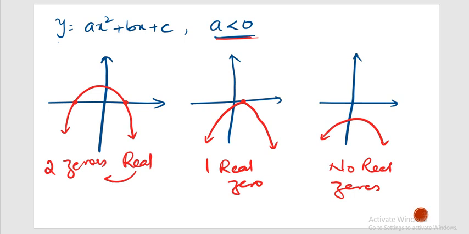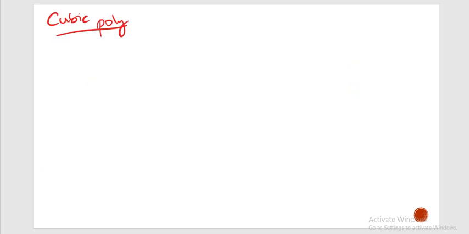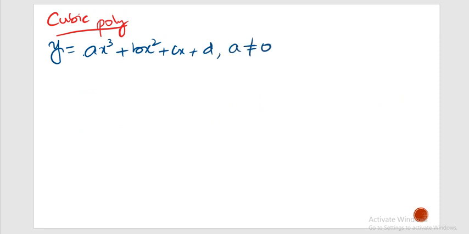So depending on the situation, we are going to have these graphs, right? So just remember these. Next, discussing the cubic polynomial. So what is the general form of a cubic polynomial? It is nothing but ax cube plus bx square plus cx plus d, where a is not equal to 0.